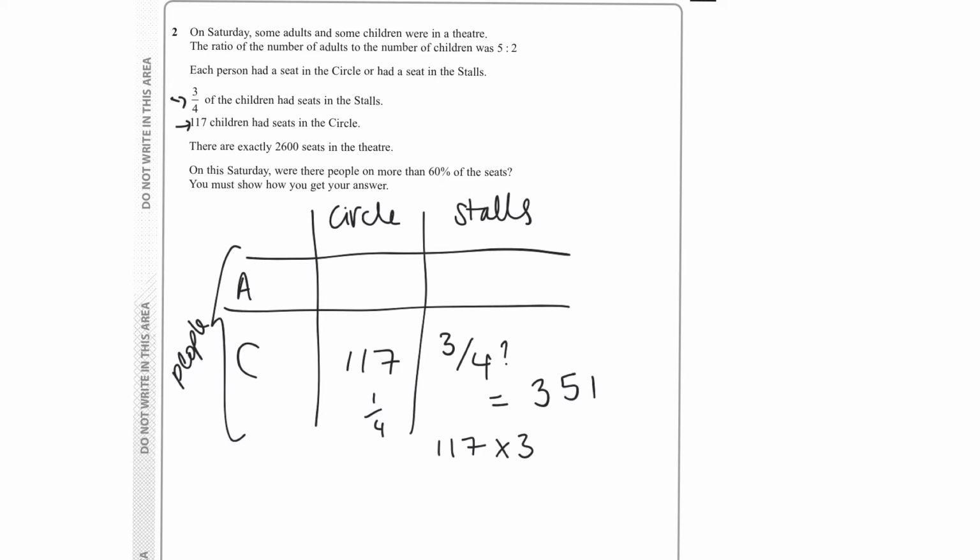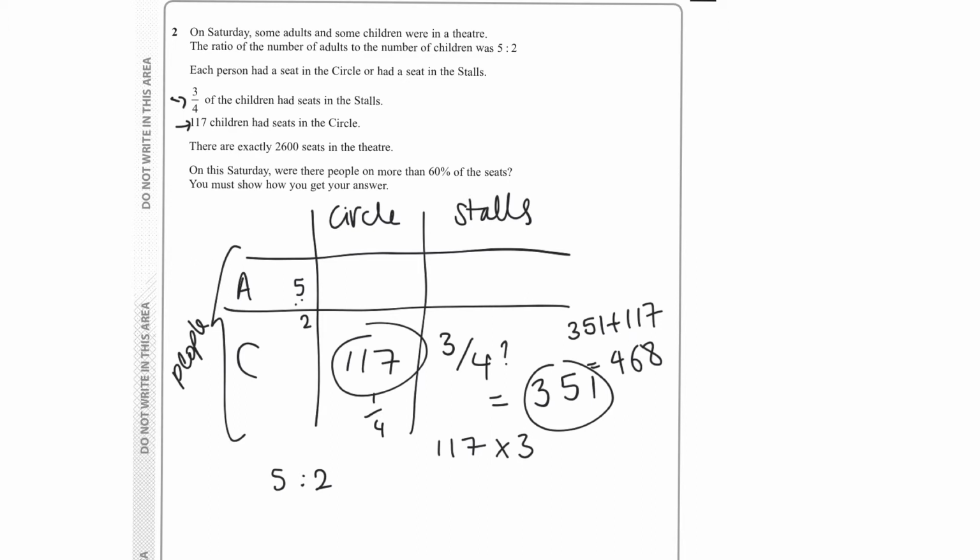We know that the ratio of adults to children is a 5-to-2 ratio. So the total number of children is the 351 plus 117, because it's the total in the circle and in the stalls, which would leave you with an answer of 468.